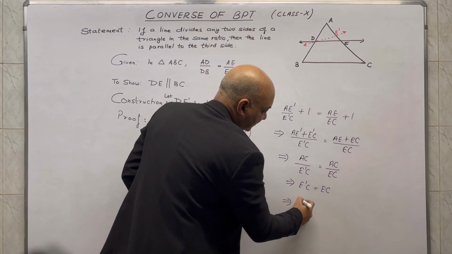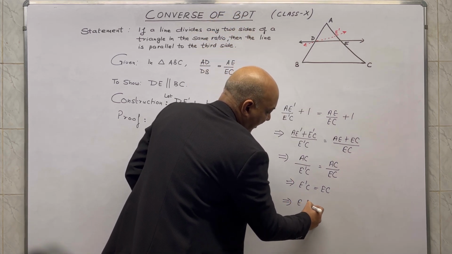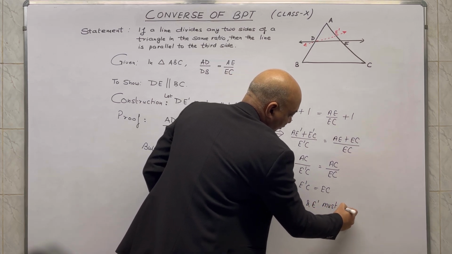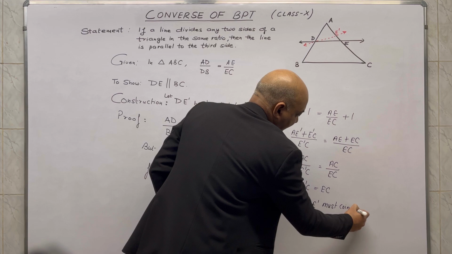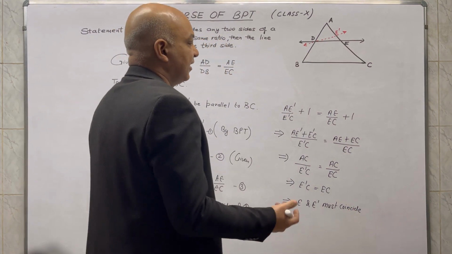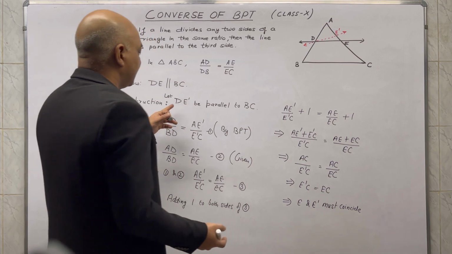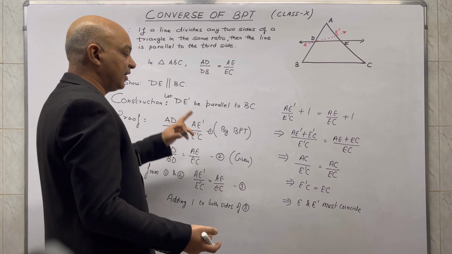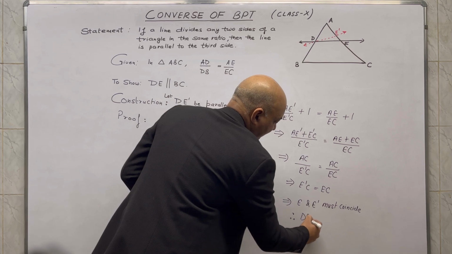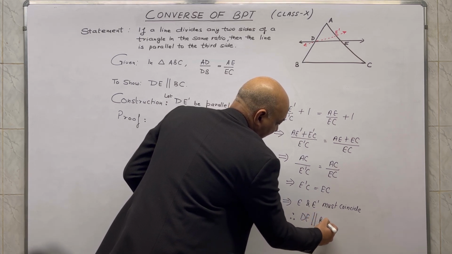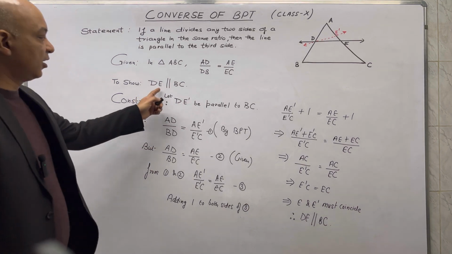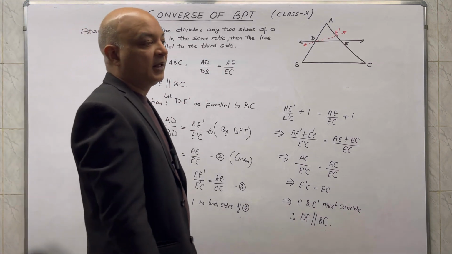So this implies E and E dash must coincide. And if E and E dash coincide, I can say that not DE dash but DE only is parallel to BC. So DE parallel to BC. And that is what we wanted to show.